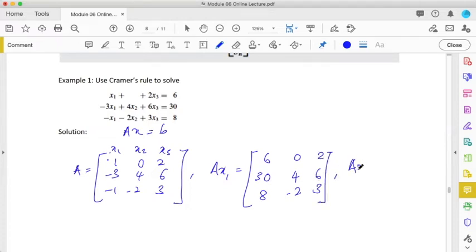For AX2, we replace column 2, because column 2 is where your x2 comes from, with the matrix B. So we have this.